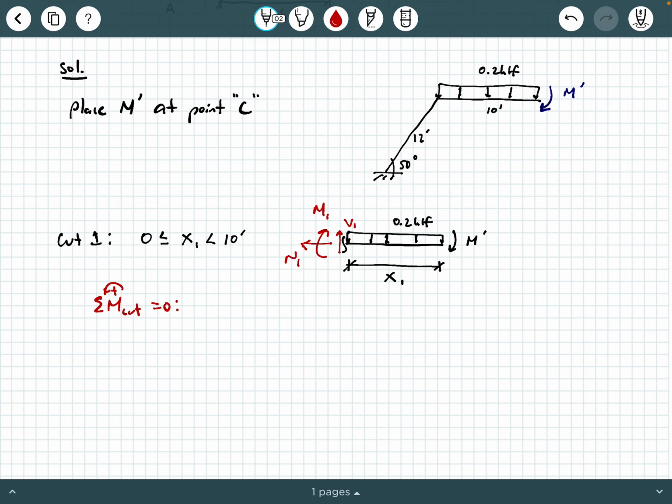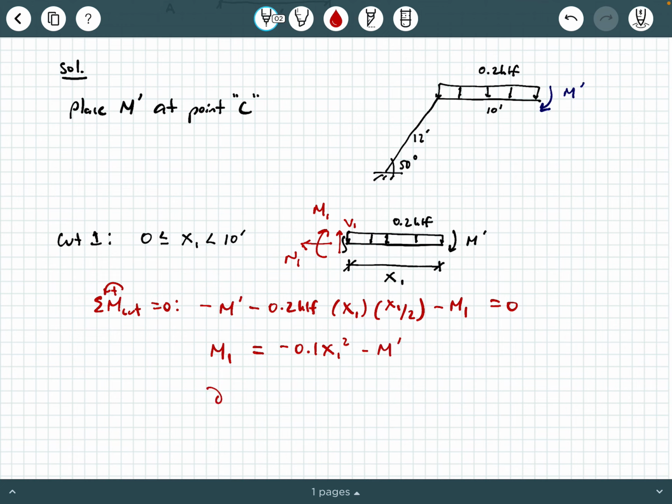We just apply our equilibrium equation: minus M prime, minus 0.2 kip per foot times x1 over 2, minus M1 equals 0. We'll do a little bit of rearranging, and we get M1 is negative 0.1 x1 squared minus M prime.